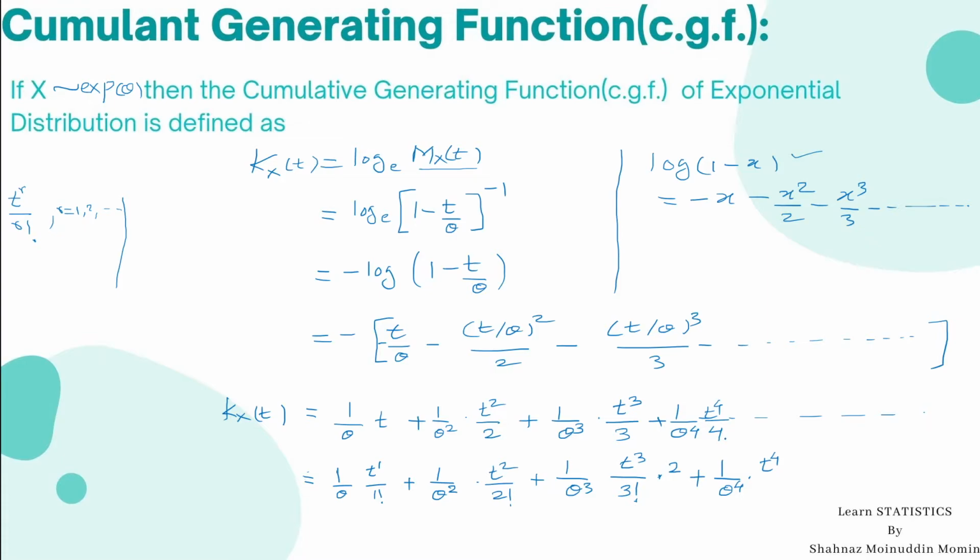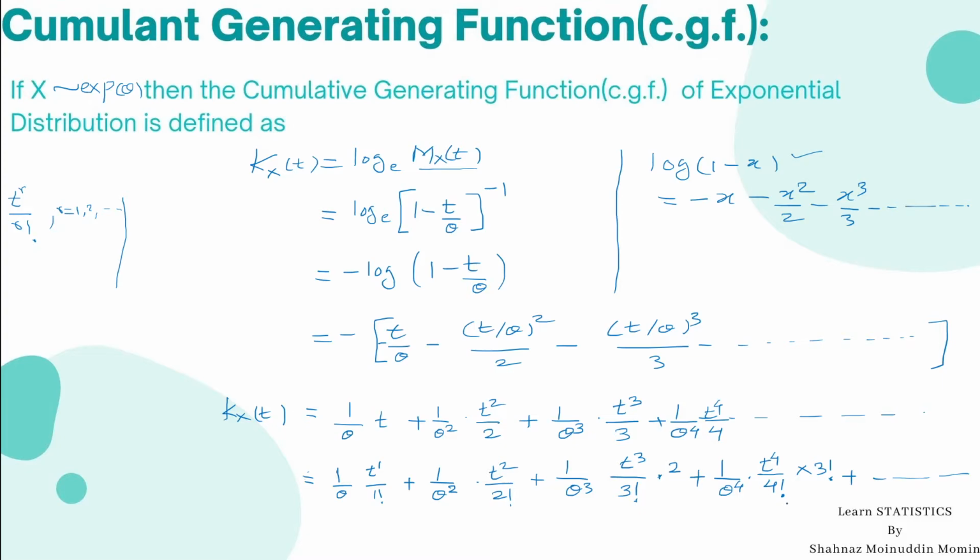I want 4 factorial in the denominator, so I must multiply the numerator and denominator by 3 factorial, then only I get 4 factorial in the denominator. So this is 4 factorial, and the numerator term is 3 factorial, like that, plus dot dot dot up to infinity.